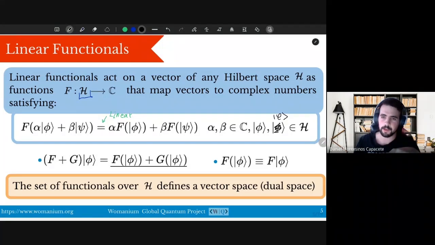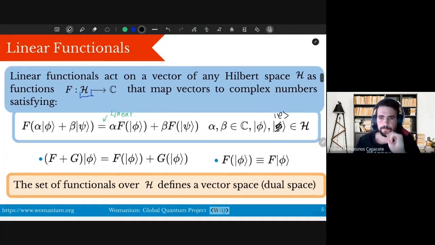I believe this is quite intuitive. And instead of always writing the parentheses to indicate where we are acting, it is normal to just write it in this way. We understand that this functional is acting on this vector.